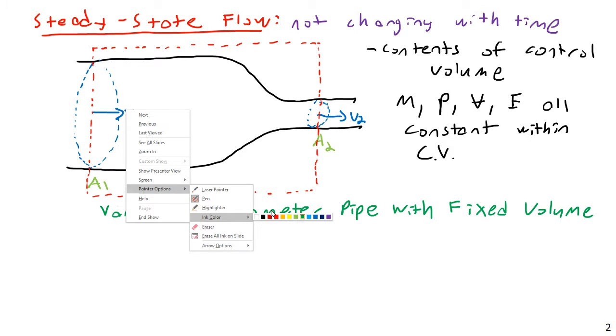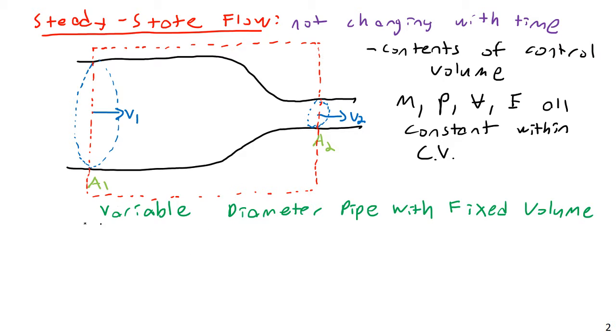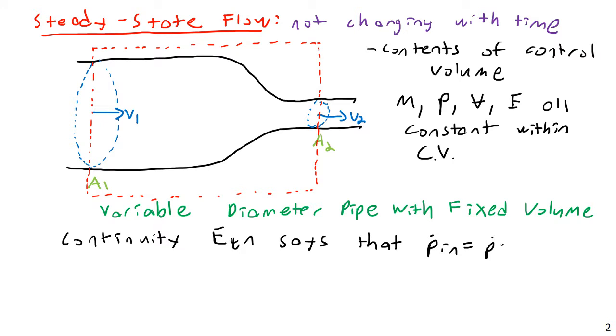Now, I have mentioned this before, but we can actually build this from the continuity equation. The continuity equation says that momentum in equals momentum out, that P dot in equals P dot out, or simply rho AV equals rho AV for 1 and 2.